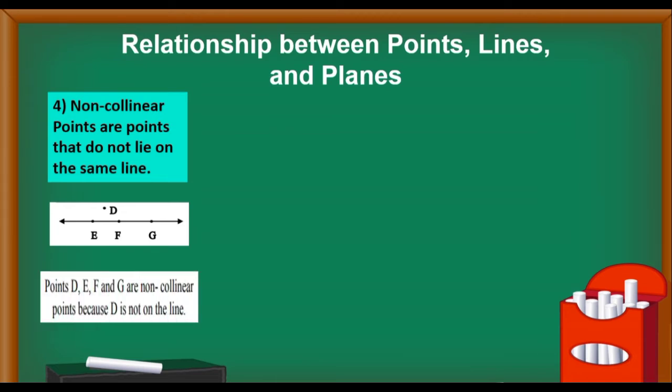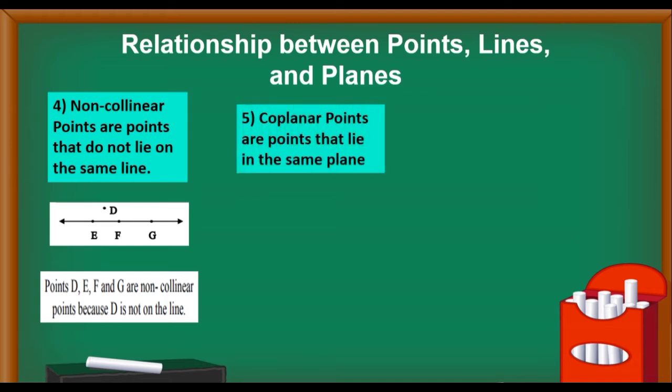So we can say that points D, E, F, and G are non-collinear because D is not on the line. So, tandaan na, si point E, F, G, pag tinanong, how about point E, F, G? So, kung yung tatlo lang po ang itatanong, collinear siya. Pero since sinama si point D, so non-collinear po siya dahil wala siya sa iisang line.